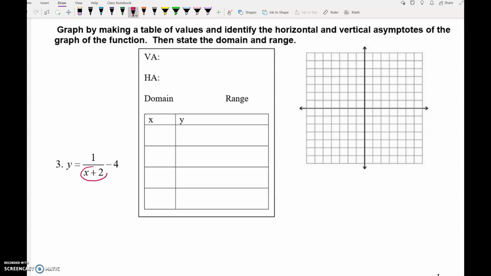What do you think the vertical asymptote is? x equals -2. And the horizontal asymptote is y equals -4. So we can draw that in. We've got a vertical asymptote at -2. We've got a horizontal asymptote at -4.